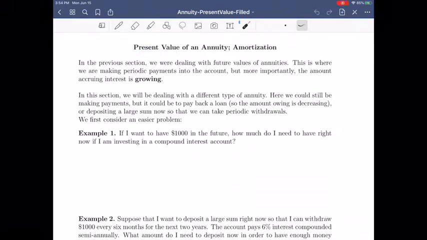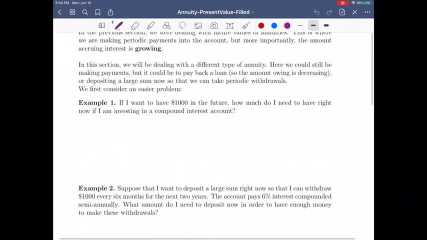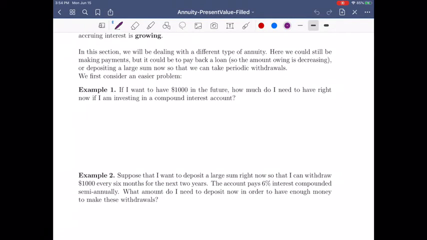Before we do that, let's just think about an easier problem, just for compound interest. If I want to have $1,000 in the future, how much do I need to have right now, if I'm in a compound interest account?